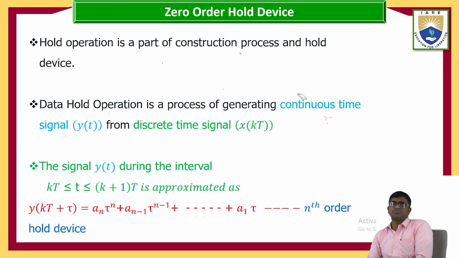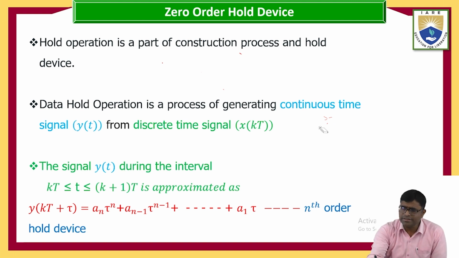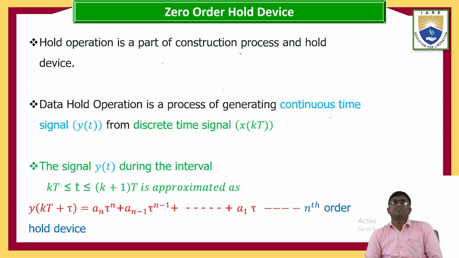The data hold operation is the process of generating the continuous time signal from the discrete time signal. The continuous time signal is y of t, which comes at the output section. The y of t is defined over the intervals between kT and (k plus 1)T, approximated like this.